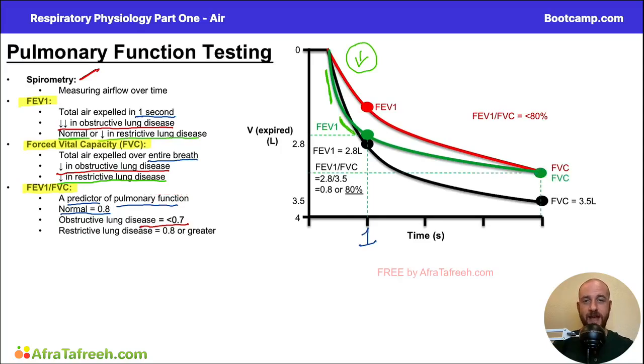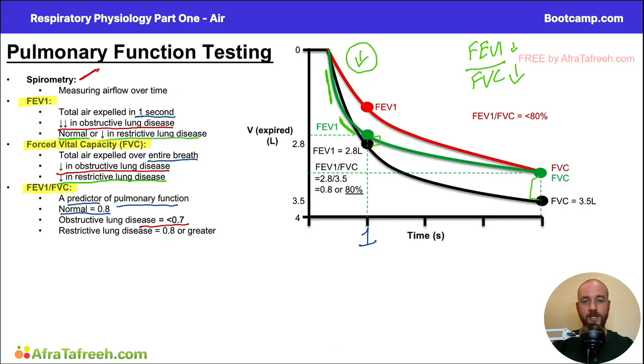And we can see that the FVC of a restrictive lung disease patient compared to normal is significantly decreased, whereas the FEV1 of a restrictive lung disease patient is not as decreased compared to normal. And so when we think about our FEV1 to FVC ratio, we'll just draw it in here, FEV1 to FVC, the FEV1 is only slightly decreased, whereas the FVC is definitely decreased.